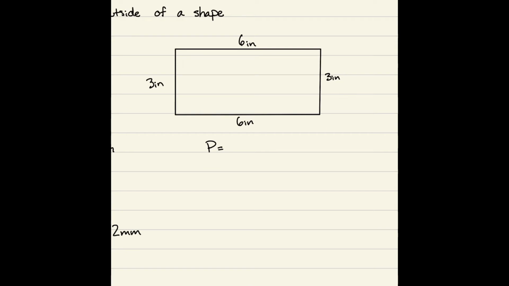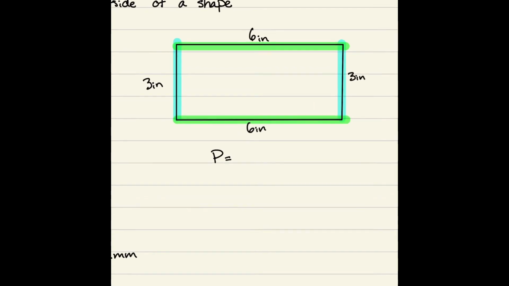So in this example, we have a rectangle. So we have two sides that are the same length. This one is 6 inches, and this one is 6 inches. And then our opposite sides are also the same length. So we have this side that's 3 inches and this side that's 3 inches. So once again, we can do our addition.